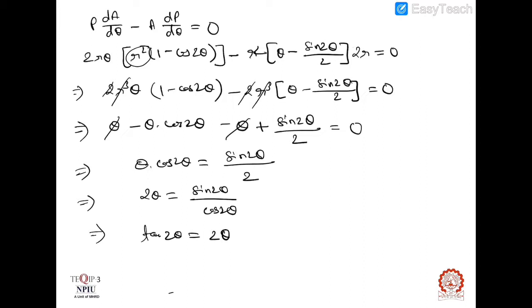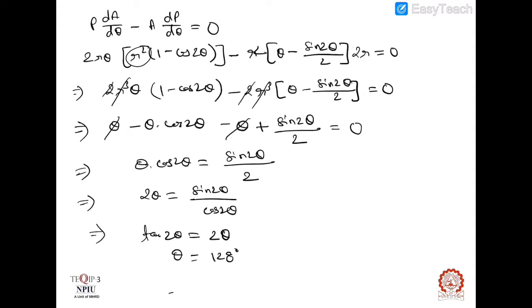Here for tan 2 theta we have to put the value of theta in degrees, and here we have to put the value of theta in radians. So we put any value of theta here and here and check whether both are equal or not.